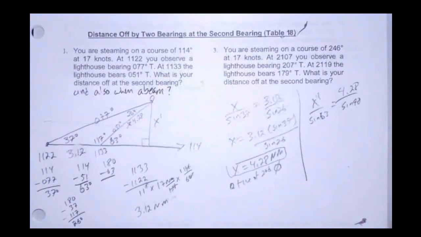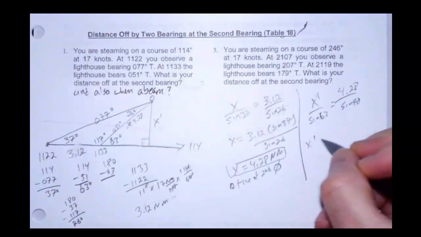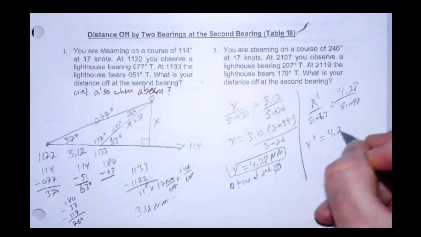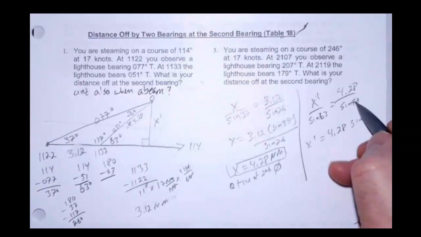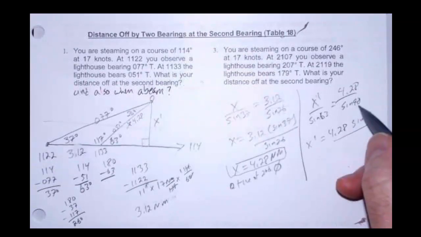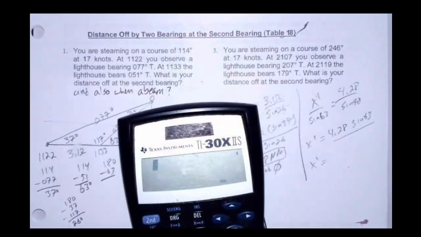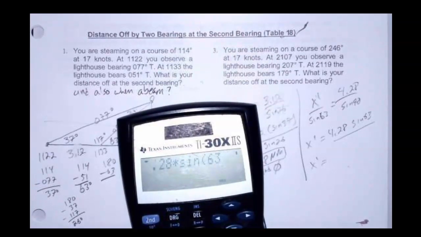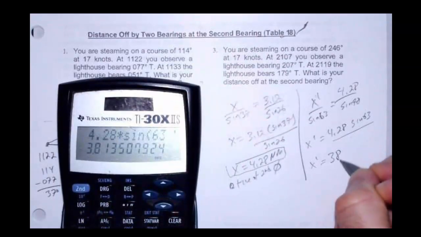The sine of 90 is just going to turn into 1. So x prime is 4.28 times the sine of 63, and that equals 3.81. And that's the distance off when abeam.